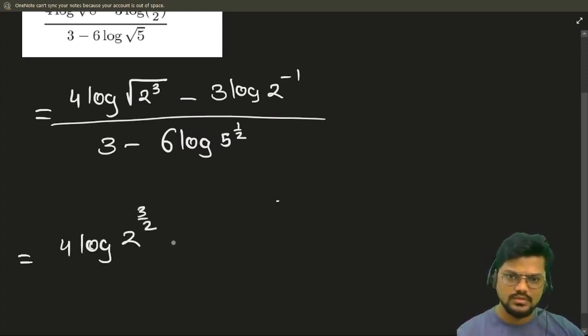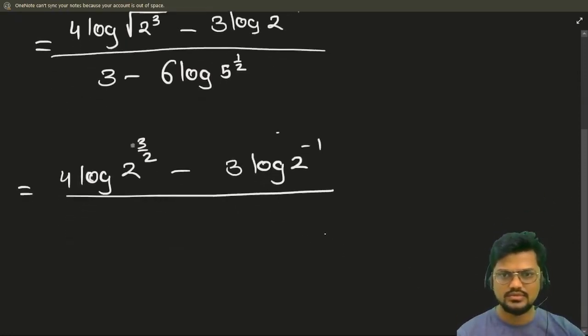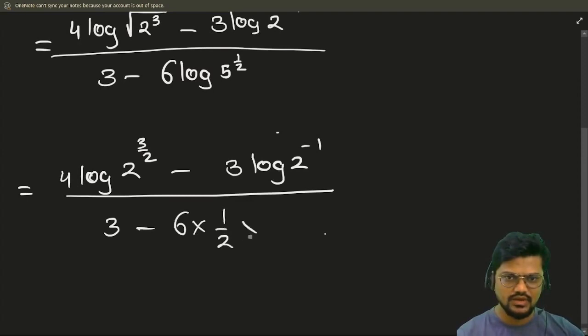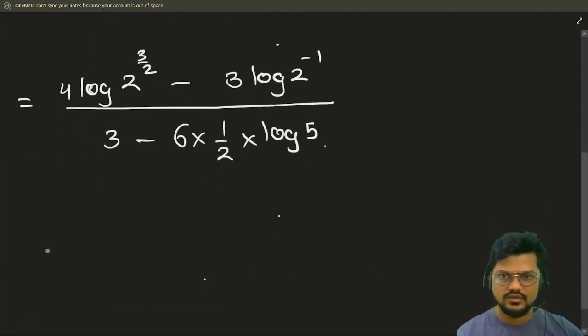Yeah. Minus 3 log 2 to the power minus 1, upon 3 as it is, minus, if I take this half on the left hand side, it will be 6 into half into log 5, right? After this, 3 by 2 can also be taken on the left hand side. This minus 1 can also be taken on the left hand side.